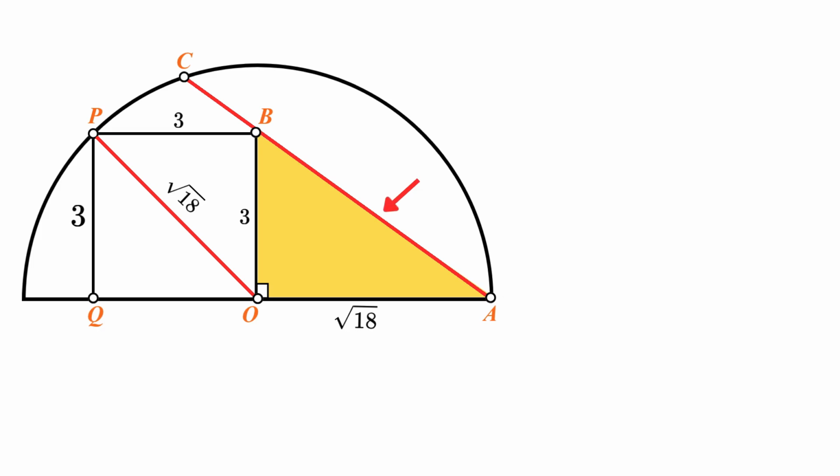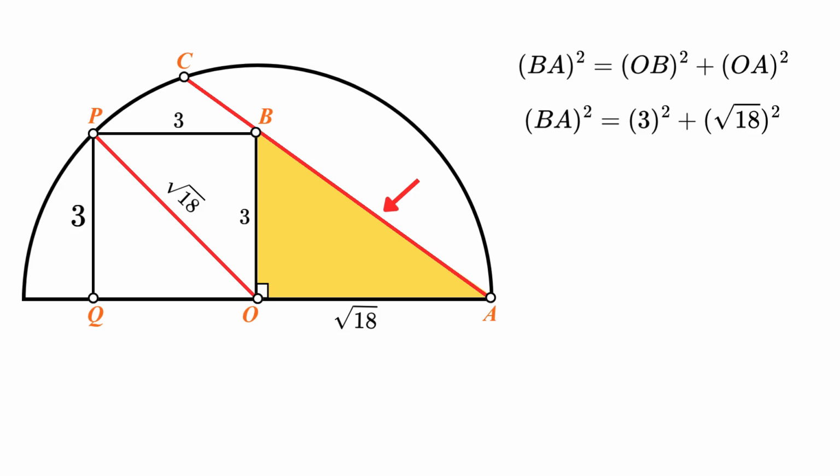So, BA squared equals OB squared plus OA squared. By substituting our values, BA squared equals 3 squared plus the square root of 18 squared, which equals 9 plus 18, which equals 27. So, BA equals square root of 27.